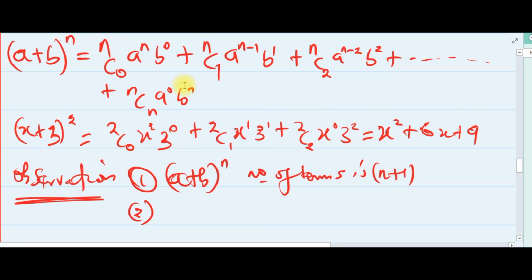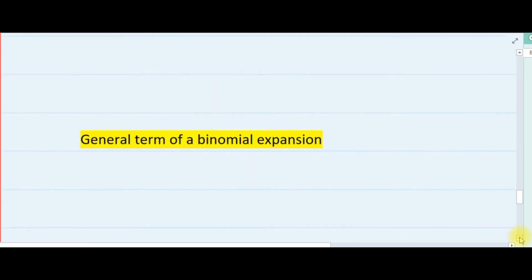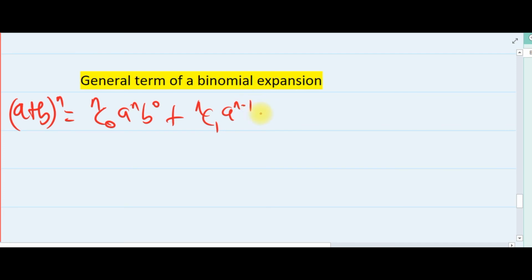Let's go to the general term of a binomial expansion. I'm saying that if you have a plus b raised to n, and we've noticed this expansion, n minus 2, b^2, till you get to n combination n.